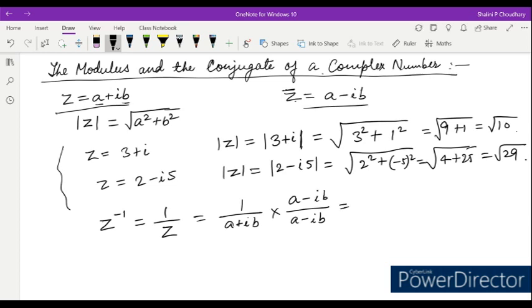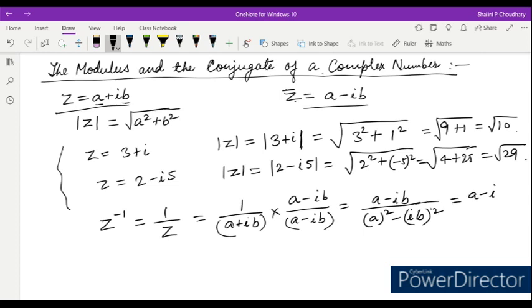So what will we get? We'll get a minus ib divided by, when we multiply x plus y into x minus y, that will be x square minus y square. So a square minus i square b square, right? ib square we can write as i square and b square.